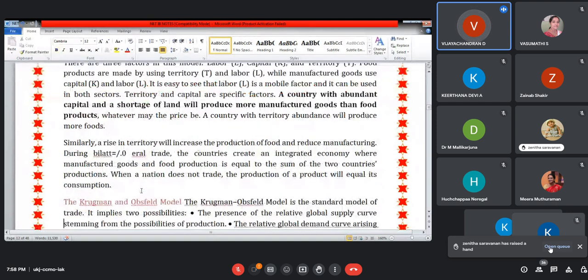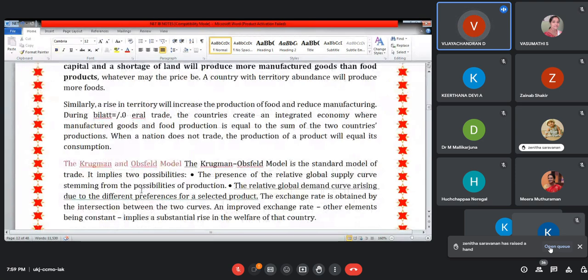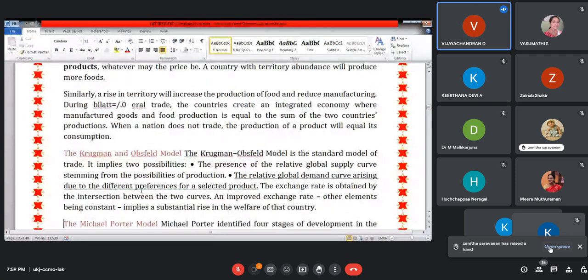And the KO model. So KO model means what? Welfare. So that will see the welfare, or based on the demand curve. International trade will be based on supply and demand. SD. So KO means demand and supply. So your trade will be based on the supply and the demand of the product.